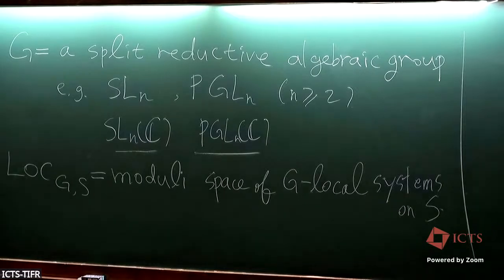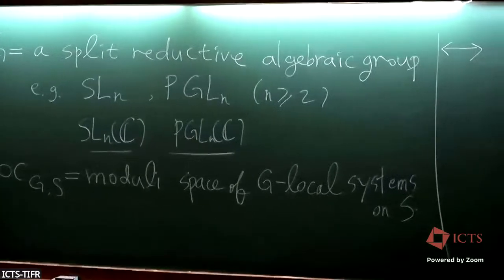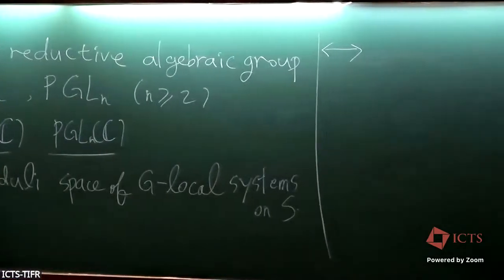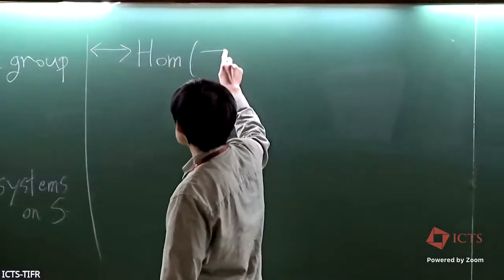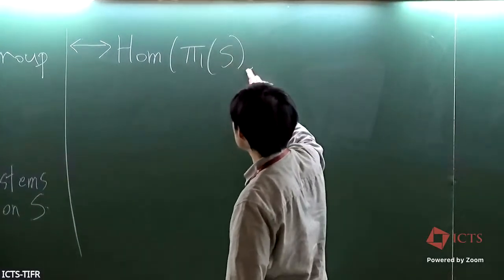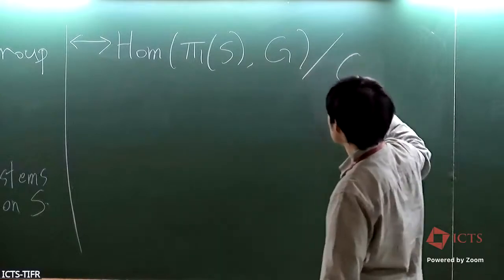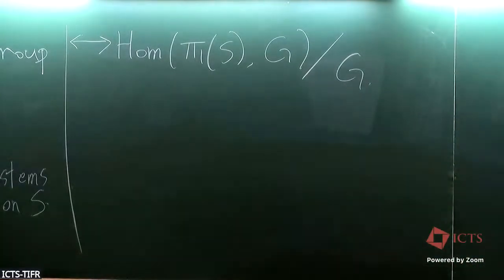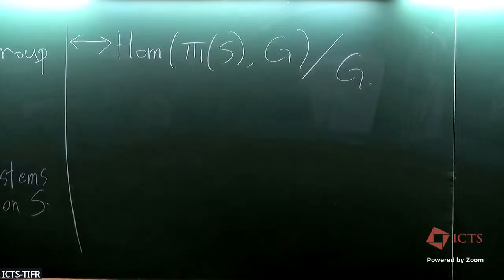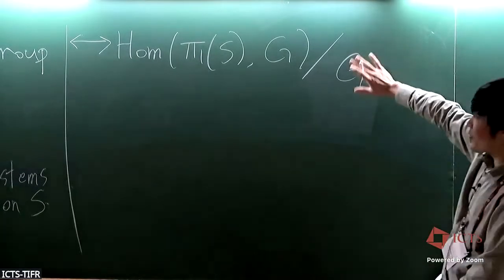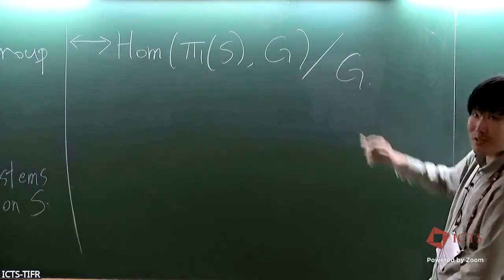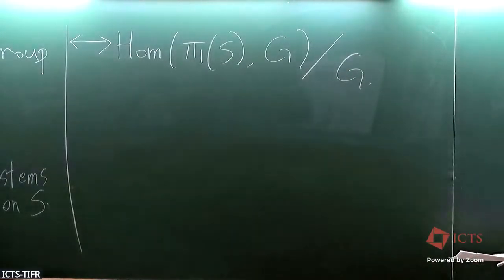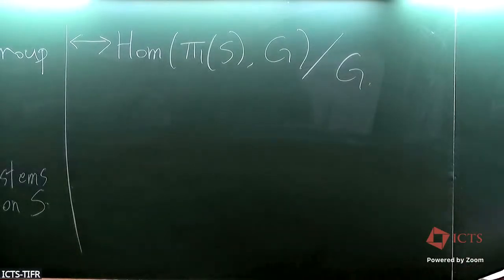A useful thing to have in mind is that one way of viewing this moduli space is as a space of representations of the surface group, that is, the fundamental group going to this algebraic group G, modulo conjugation. I won't say much about how to take the quotient, but anyway, this is the conjugation action. So that's the basic space.